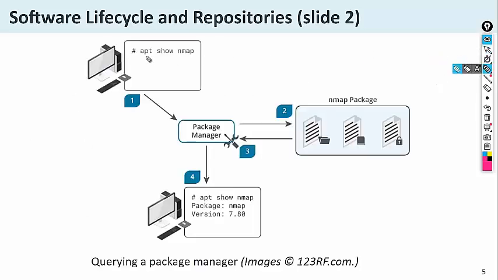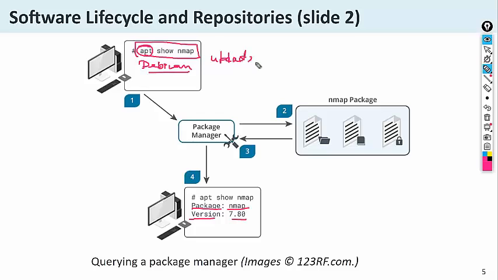So there is one command, apt, which is used as a package manager in Debian based operating systems. When you run the command apt show nmap, it will display some information: the package name and its version. So what happened? We first update the repository.